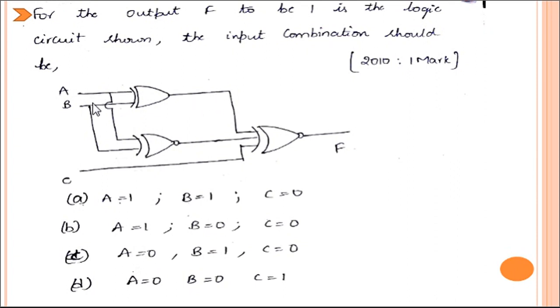Similarly, the output of the XNOR gate will be 1, because the two inputs are the same value. So here one input is 0, the other input is 1 and the C input is 1. Therefore the F value is 1, since the number of 1s present at the input of the XNOR gate is an even number, which is equal to 2. So for this given question, option D is correct.